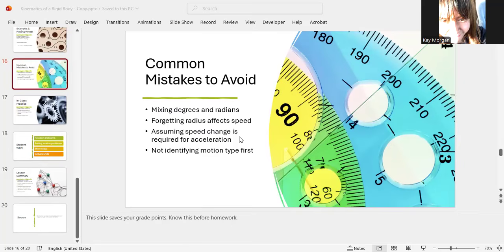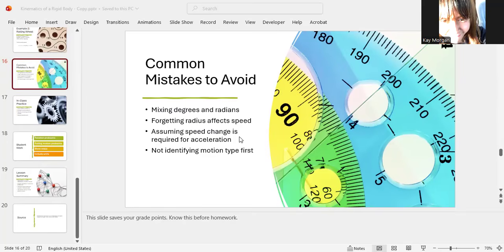So even though your magnitude is the same, constant speed, you still have a change in direction, so you have acceleration. So do not assume a speed change is required for acceleration. You don't need a speed change for acceleration to exist. If there is a direction change, you have acceleration.